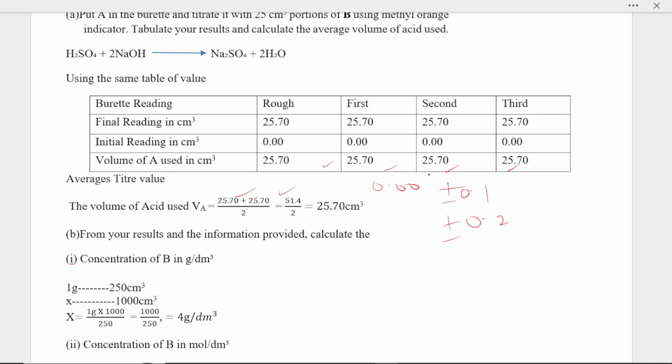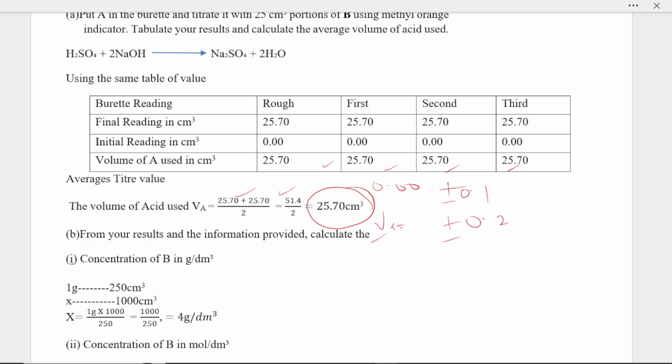NECO actually accepts 0.2, but it's better to be on the safer side. You can see the difference between 25.70 and 25.70 is 0. So all throughout this calculation, I'll be using this value as my volume of acid, which is 25.7 cm3.